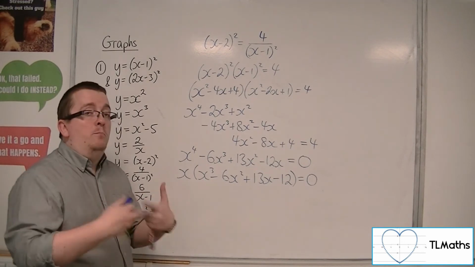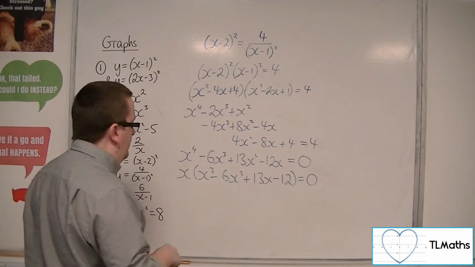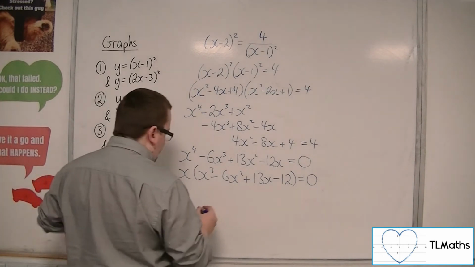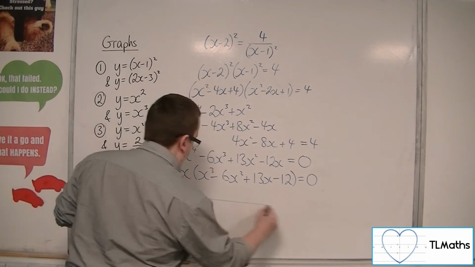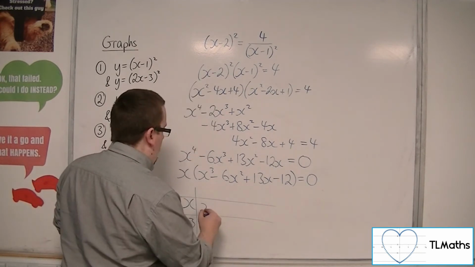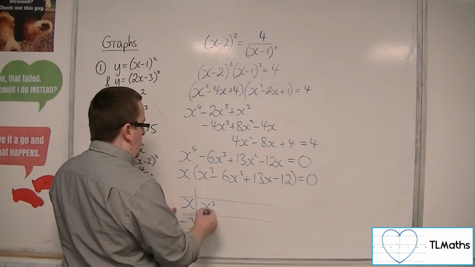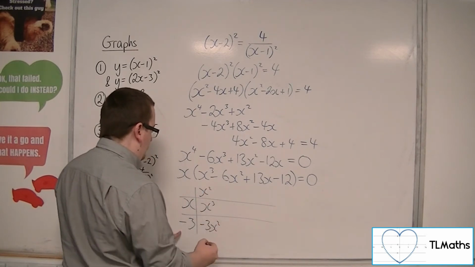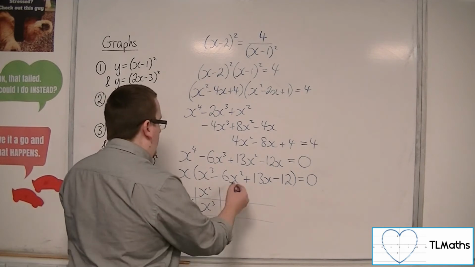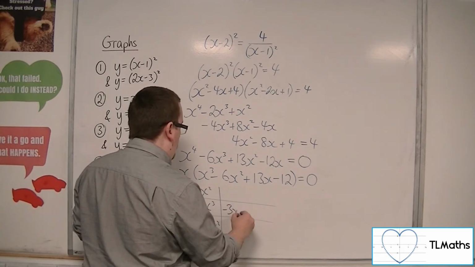So that means that x minus 3 is a factor. So we can use polynomial division. So we're going to have x and minus 3, and we want the x cubed. So we're going to have x squared there, minus 3x squared there. We want minus 6x squared, so minus 3x squared again.